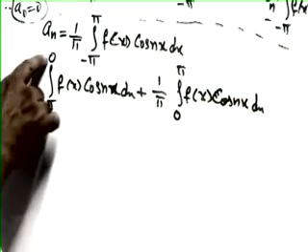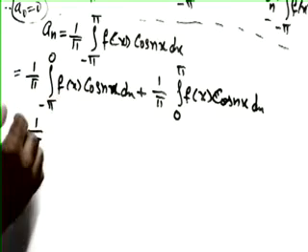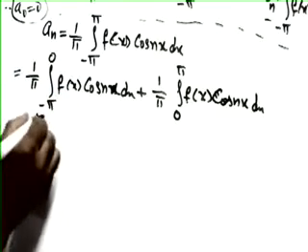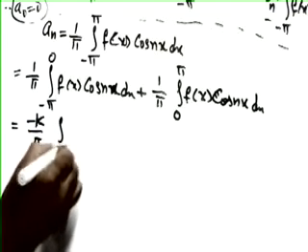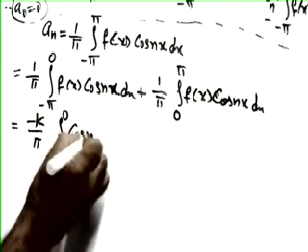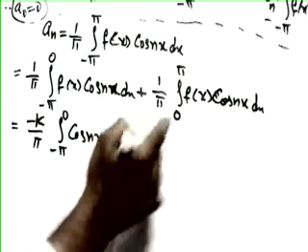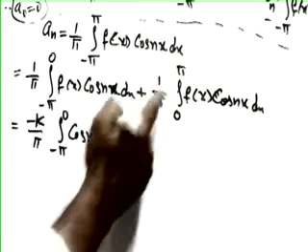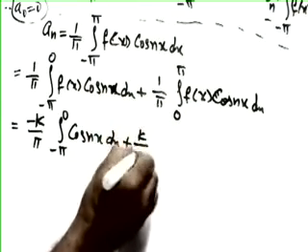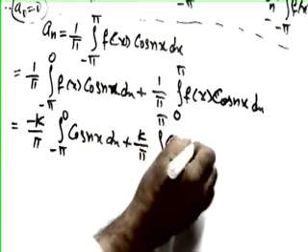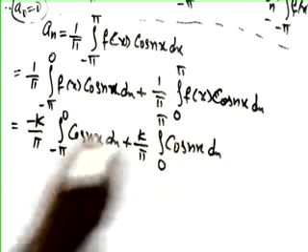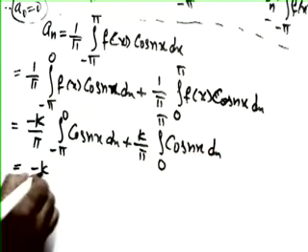Now watch here, for minus pi to 0, f of x is minus k. Let me write minus k outside, since it is a constant. What is left here? Integration minus pi to 0 cos nx dx. Here from 0 to pi, f of x is k. Take it outside: k by pi integration 0 to pi cos nx dx.